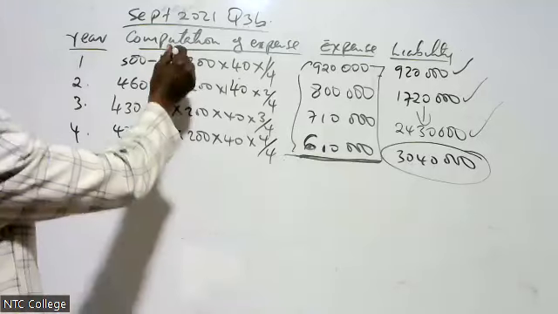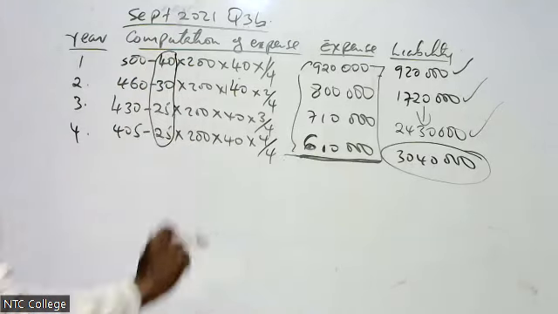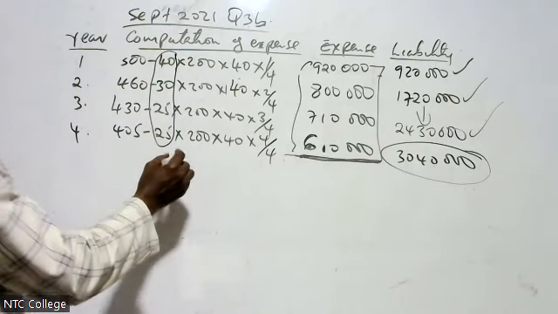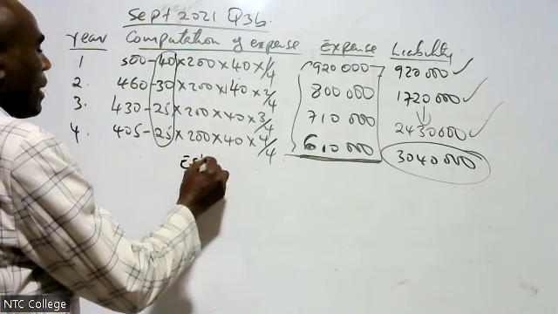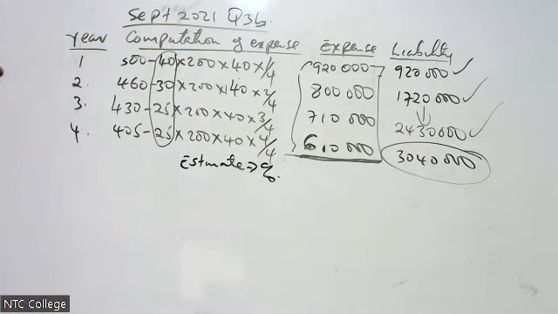Now, here we have been using the figures of the employees who left. At some point, the examiner will give you the estimate of the employees who leave in terms of percentages.